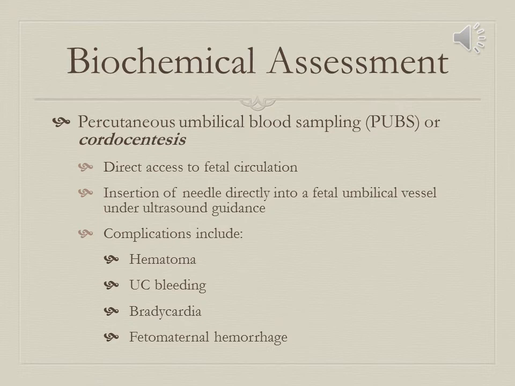The needle is inserted into the umbilical cord, preferably the umbilical vein, using ultrasound to guide the insertion. You want to go to the point where the umbilical cord inserts into the placenta because that's a stable area and you're less likely to have extraneous injuries.